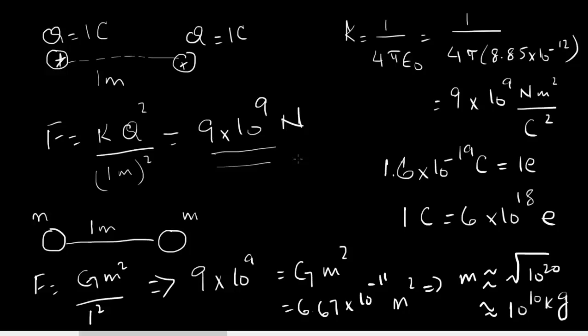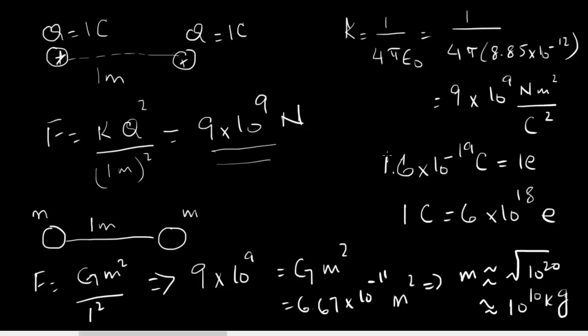Because the force of charges is so much stronger than the gravitational force, it makes a lot of electrical devices feasible, like batteries and capacitors, that you cannot have with the gravitational forces.